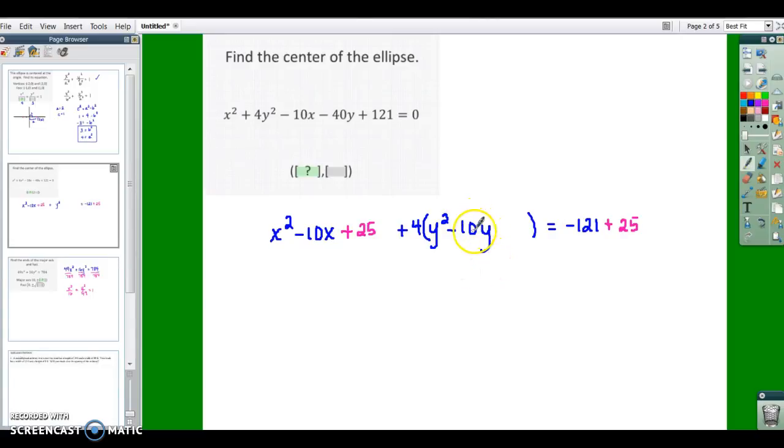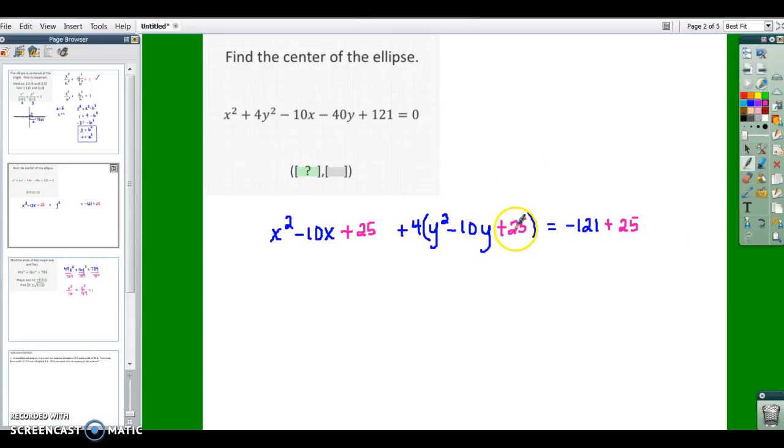So again, I'm going to complete the square, but here's where you have to be really careful, and it's very easy to make this mistake. I complete the square the same way. I take half of negative 10, and I square that. Half of negative 10 is negative 5 squared. I get positive 25. Remember I said whatever you do to one side, you have to do to the other.